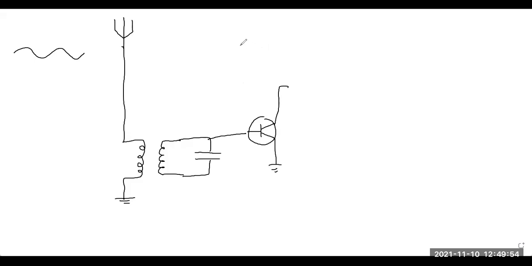If it's an AM wave, there would be, say, the sound wave you're trying to actually hear. This would be your signal that you want to convey using this radio wave. It could be audio information or just anything really.